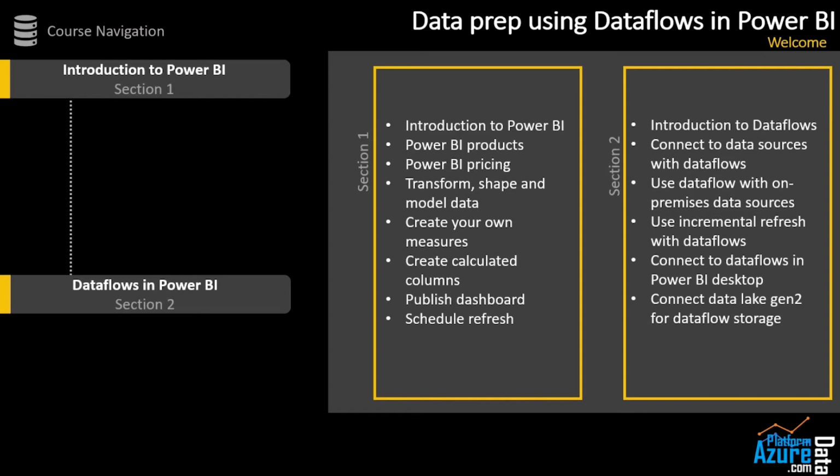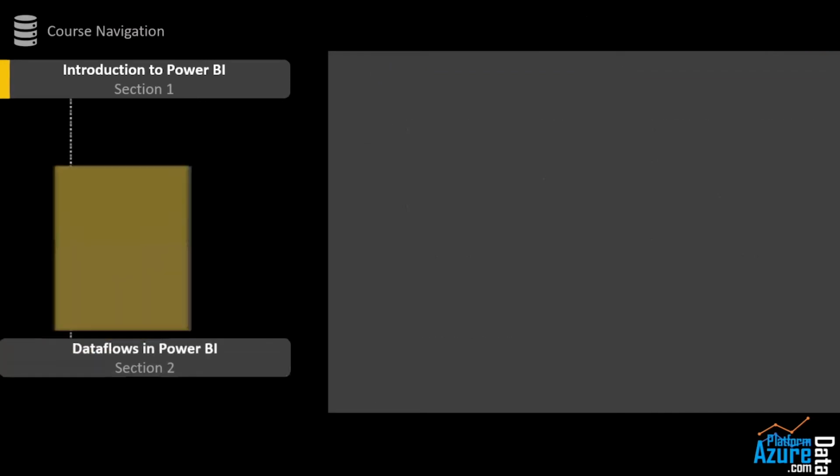So basically, even if you have data flow, you can connect through your Power BI Desktop. We'll talk about what Power BI Desktop and the other products are. And then finally, you can connect Data Lake Gen 2 for data flow storage. This topic I will cover in my next session in much more detail, but I'll just give a brief about this particular topic. Okay, so let's jump to the introduction part.